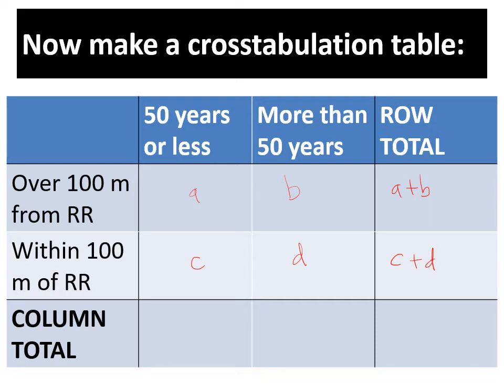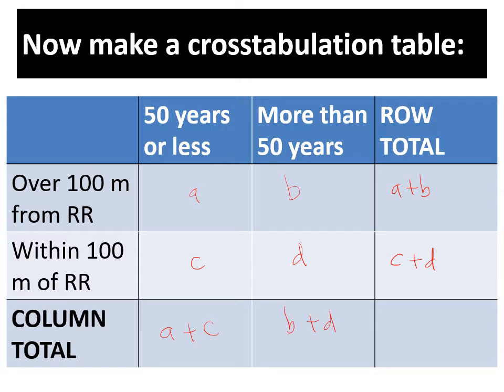Columns are like columns in a building. They hold up the ceiling. They go up and down. And so for our column totals, for this column it's A plus C. For this one, it's B plus D.